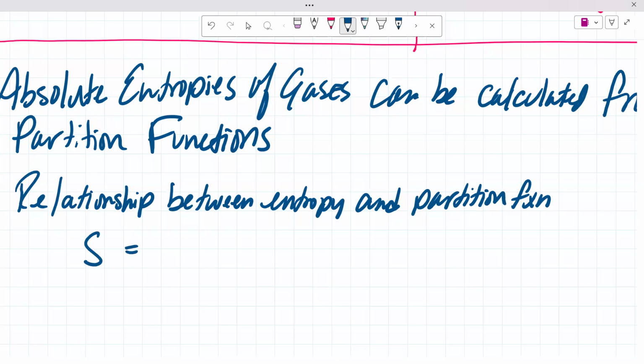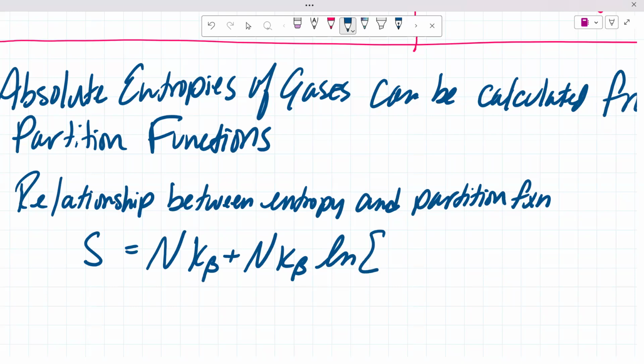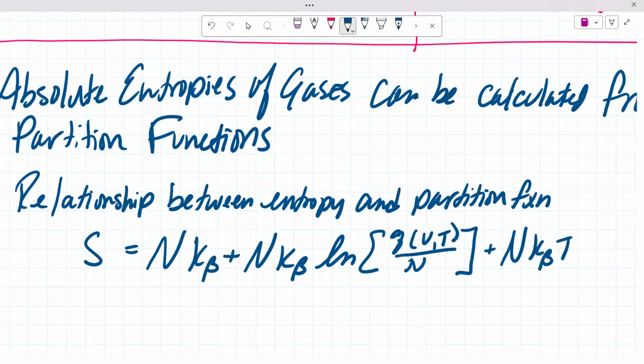S equals N k_B plus N k_B ln(Q/N), where Q is a function of V, N, and T. What's this big N? This is the number of particles. Plus N k_B T (d ln Q / dT) at constant V. Dear, running out of space.